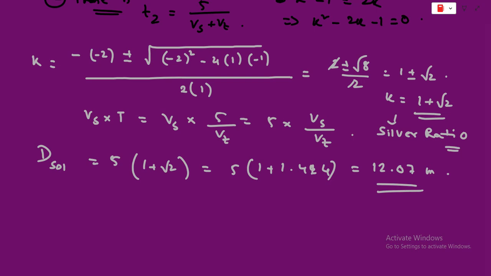Now notice that the length of the troop, capital L, and the distance moved, capital D, were both 5. So if they are equal, the soldier always travels L into 1 plus root 2. So if this is a multiple choice question and L equals D, you can solve it in 3 seconds. That's the shortcut for this question.